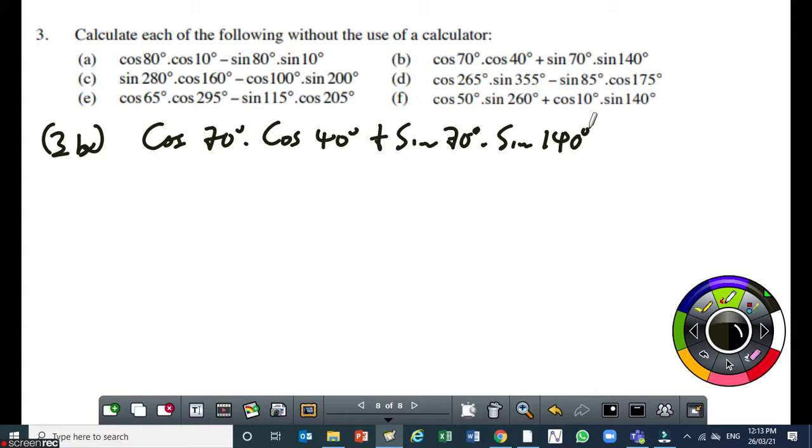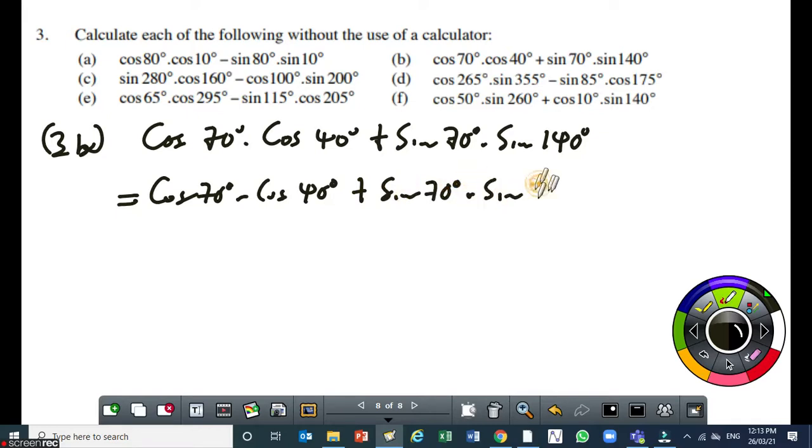You know that the sine of an acute angle is equal to the sine of 180 minus the acute angle. So this is equal to cos 70 times cos 40 degrees plus sine 70 degrees times sine 40 degrees. If it was a test, you get 1 mark for converting the sine 140 to sine 40.